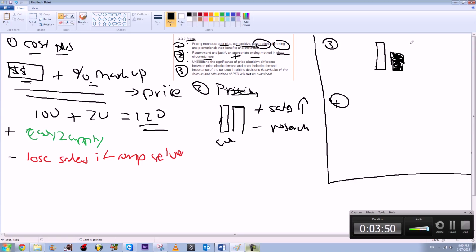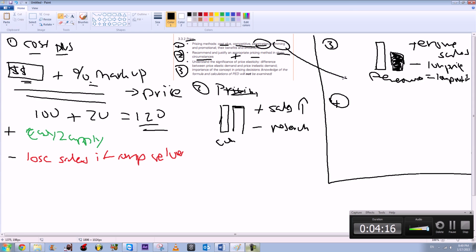You might not make a profit, or you might break even, but this would ensure sales. So that's the first positive, ensure sales. And obviously, if it's a low price, then usually low profit. So this is called penetration.